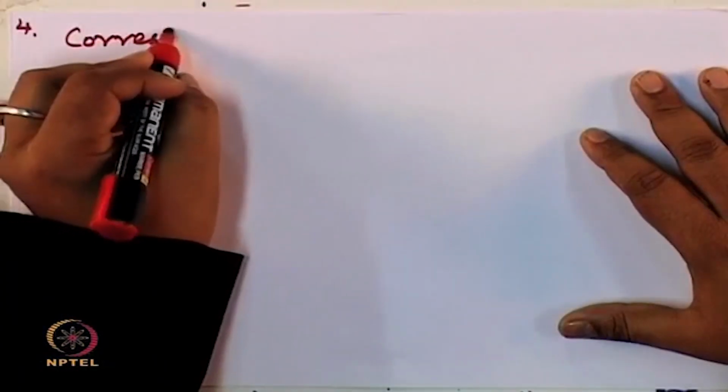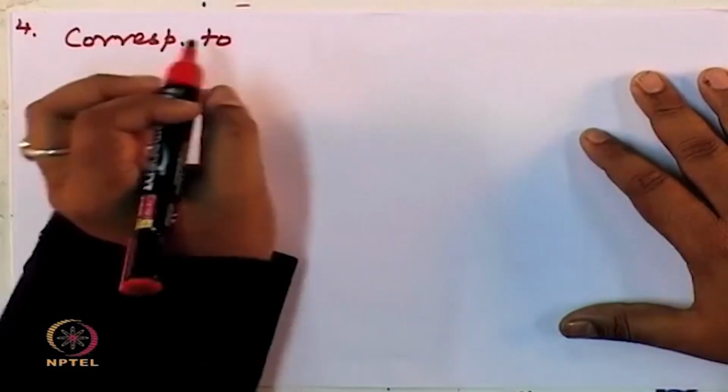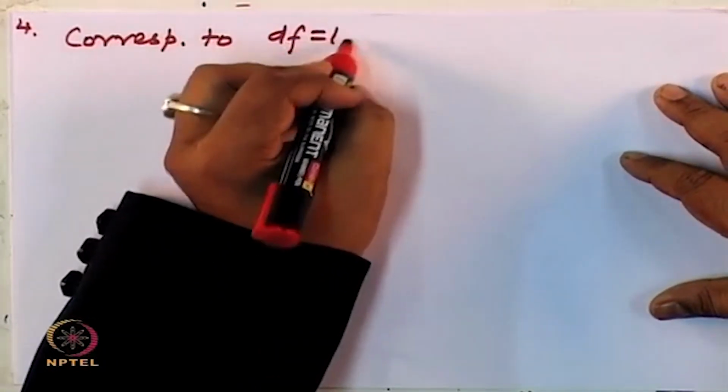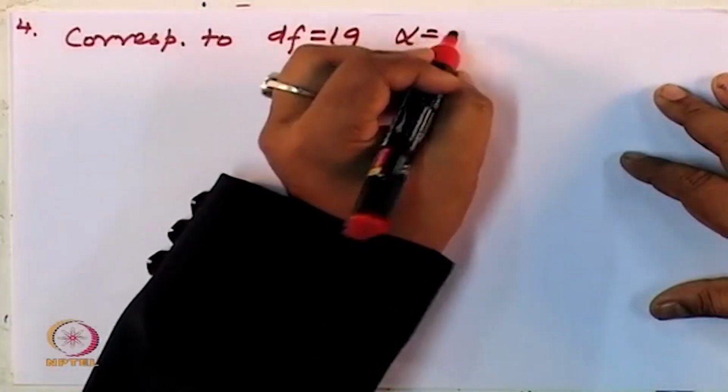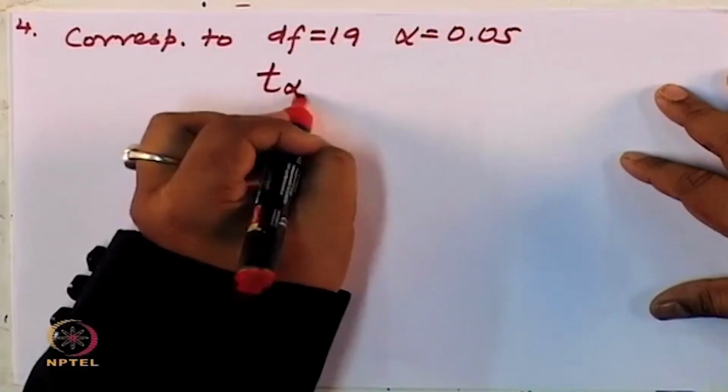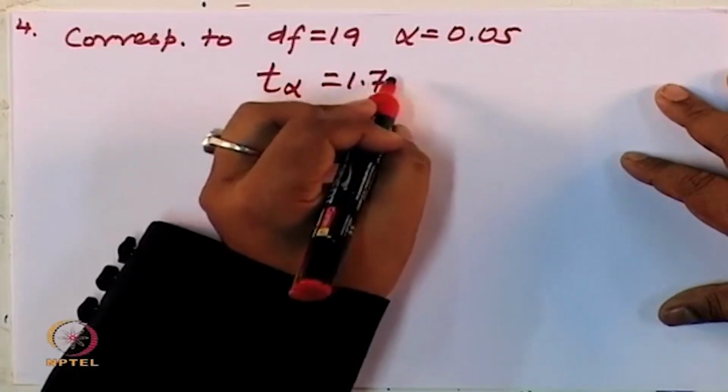Corresponding to df equal to 19 and alpha equal to 0.05, you can find that t of alpha is 1.73.